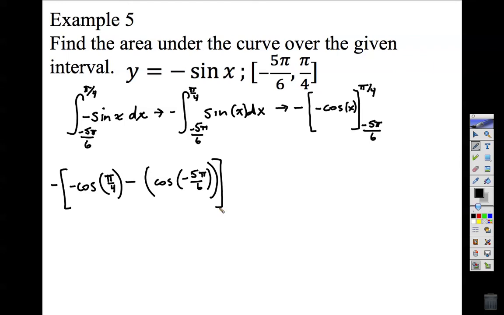Put that into your calculator and you're going to get an approximation of 1.5731.